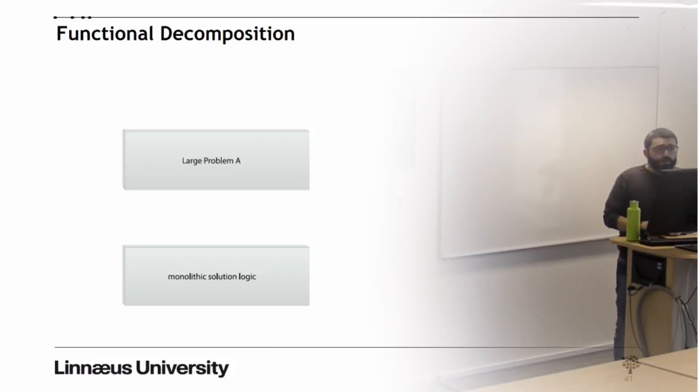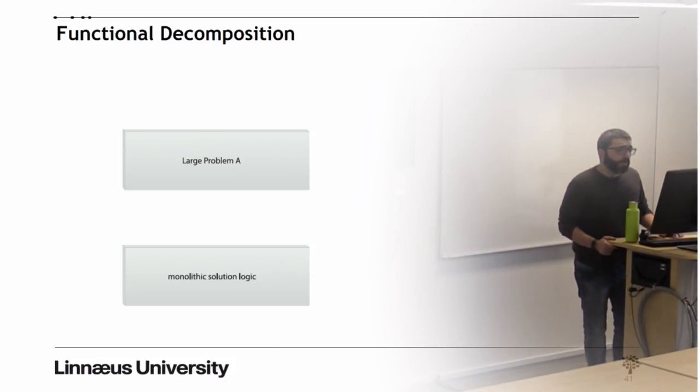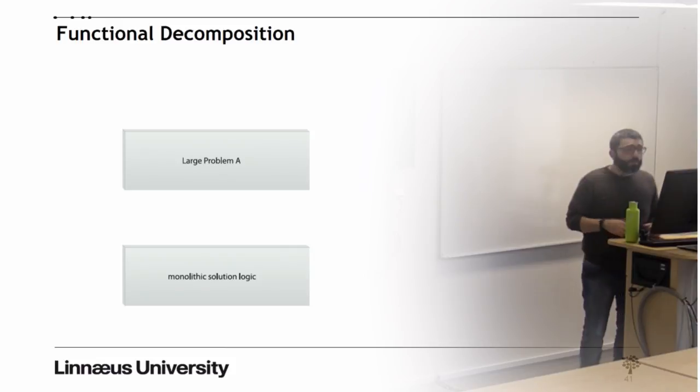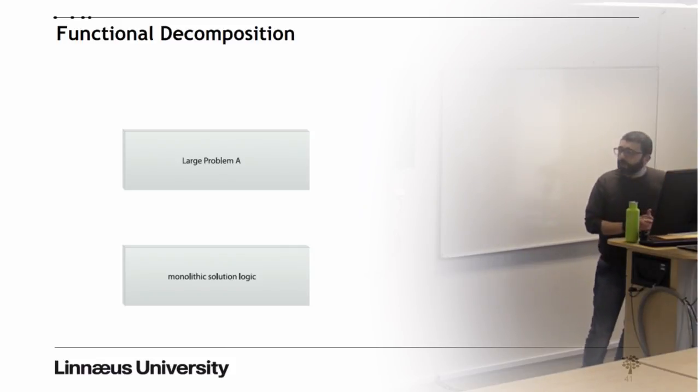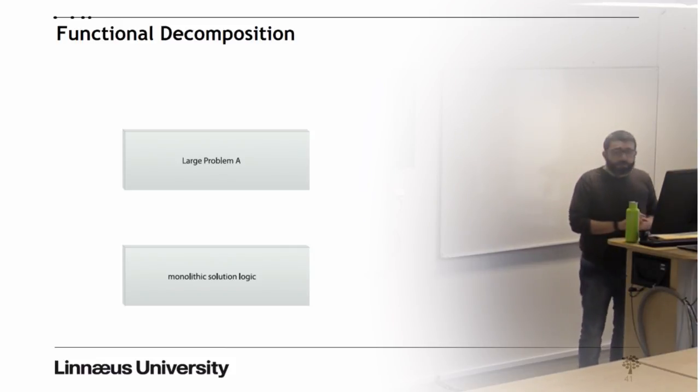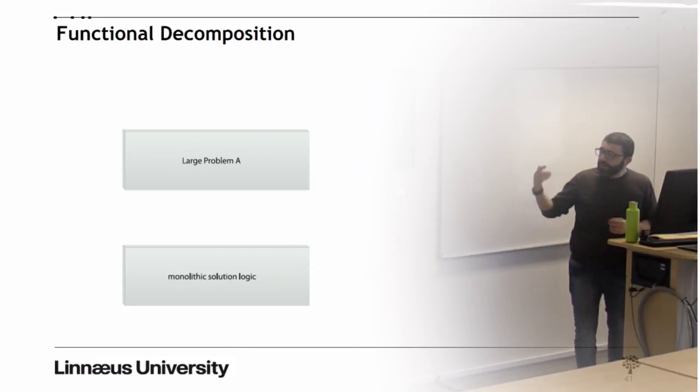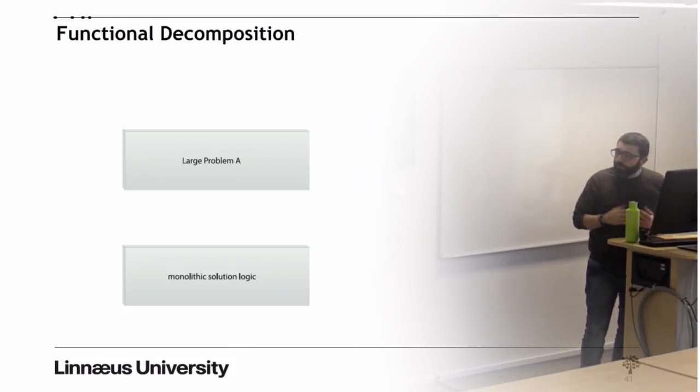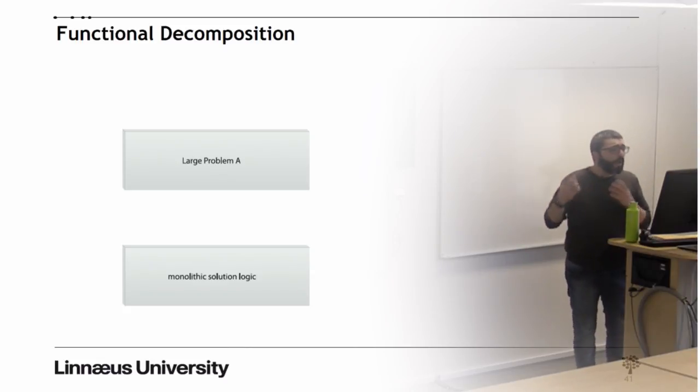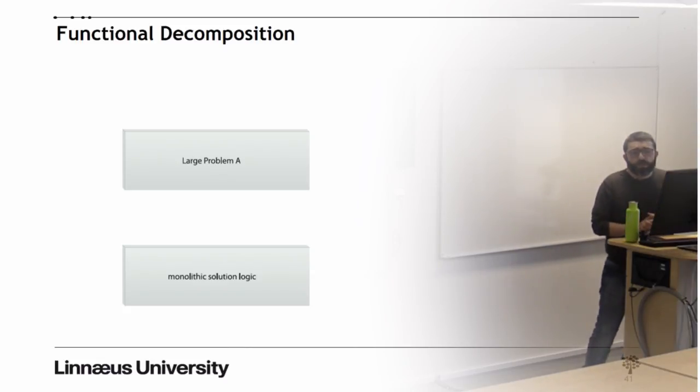How to make this verticalization? So far, we have a large problem to solve, and it's usually very easy to provide a monolithic solution logic that will solve the large problem.